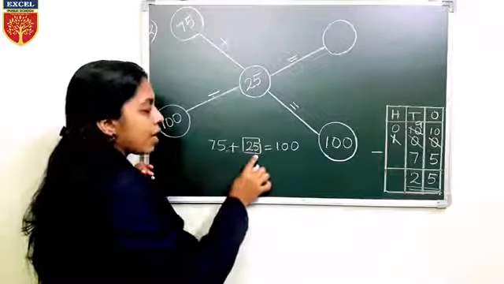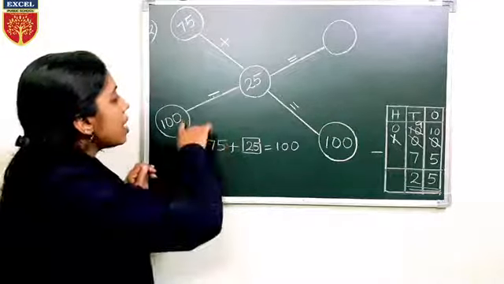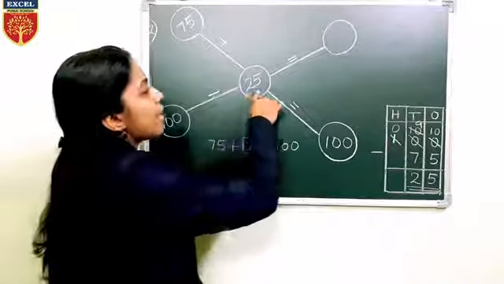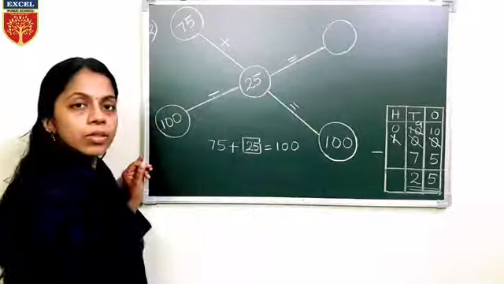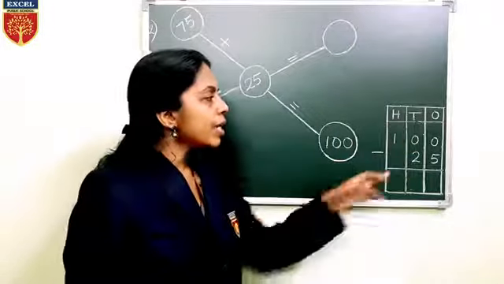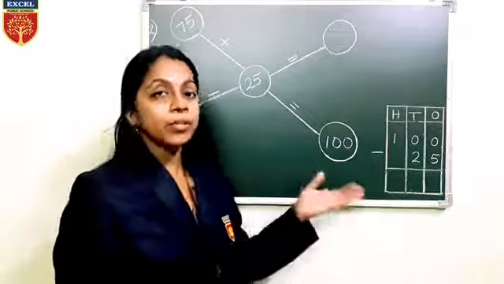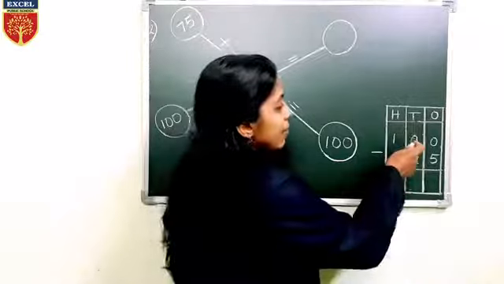75 plus 25 you will get 100. If so, 100 minus 25 is equal to how much? Subtract and find. 100 minus 25. Can you subtract 5 from 0? No. So what to do? We need to borrow. From this side we cannot borrow.